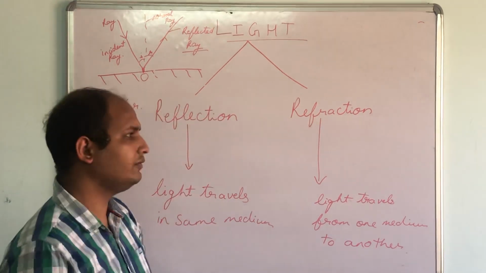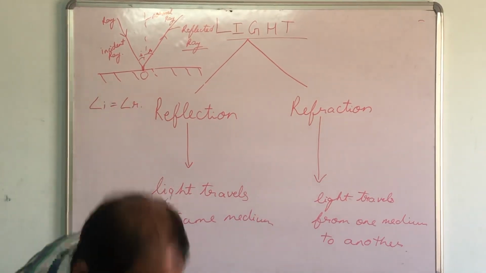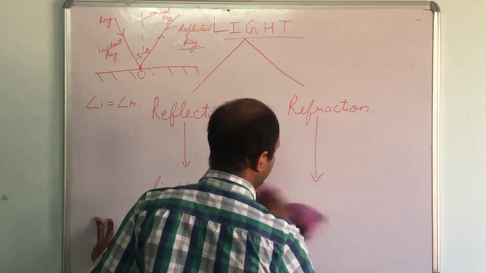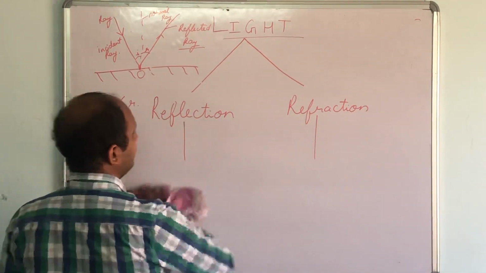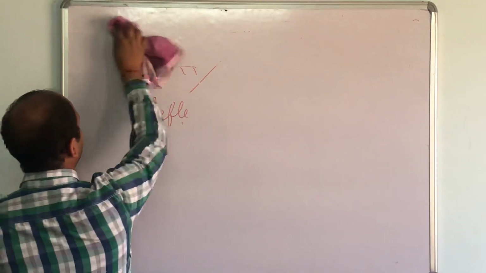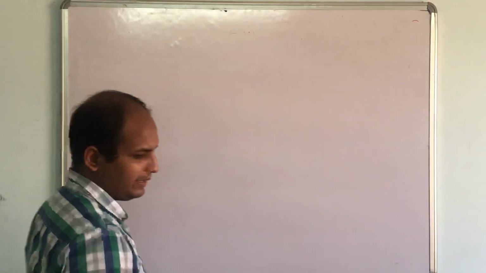So I have used the words rarer and denser, and there are certain laws related to both of these. First of all, let me tell you something about rarer and denser medium. What do you mean by rarer medium? Rarer medium means that medium in which there are few particles present, and there is not much density, for example air.